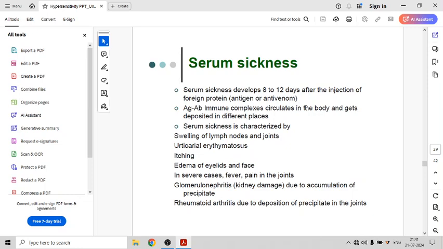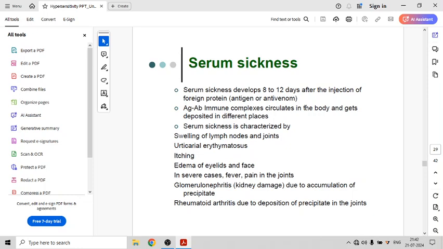Eyelids may swell, edema of the face may take place, there will be itching on the body, and even urticarial erythematosus. Urticarial erythematosus means red patches with wheal and flare reaction would be shown on the skin surface. So the person suffering from serum sickness may also have damaged the kidney because of the deposition of the precipitate in the kidney, resulting in glomerulonephritis.